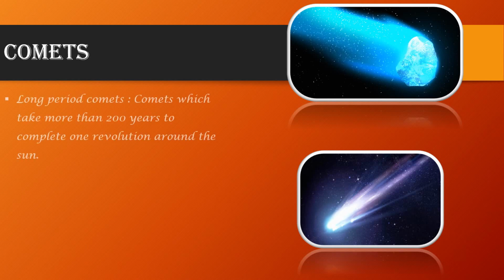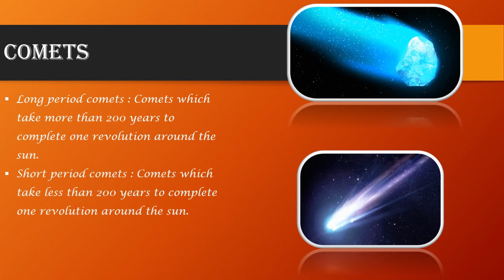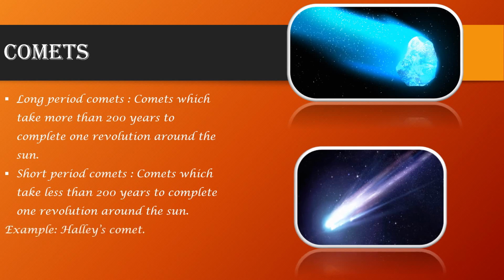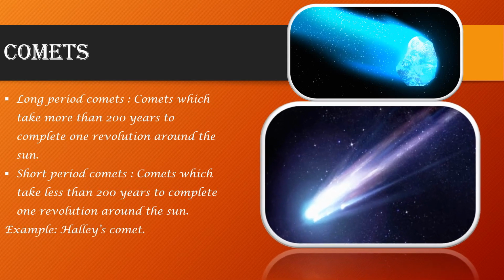The comets which take more than 200 years to complete one revolution around the Sun are considered long period comets. And the comets which take less than 200 years to complete one revolution around the Sun are considered short period comets. Example, Halley's comet. It takes 76 years to complete its revolution around the Sun.